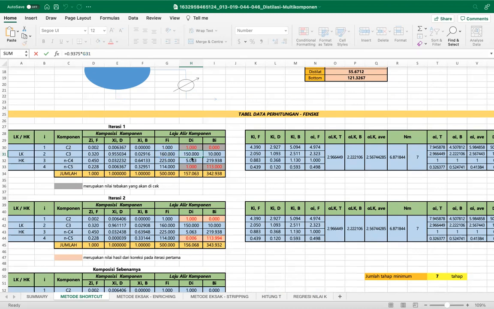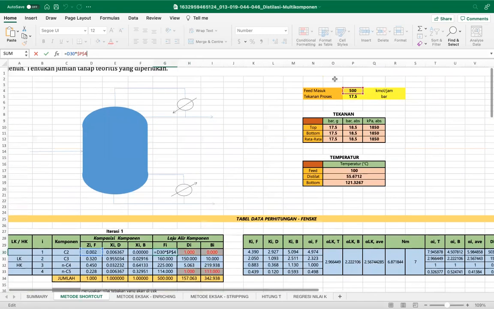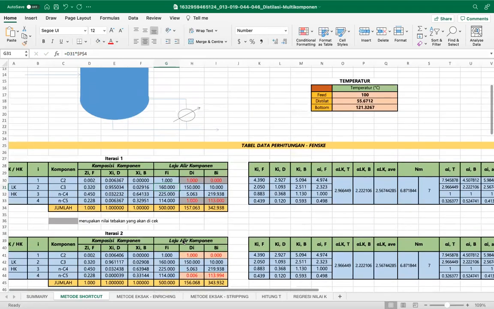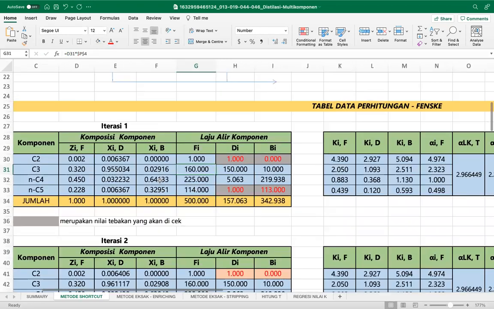Then you multiply the components with the feed, feed in. So then you understand the composition. The blue one is your calculation, so that is right. You know the feed, and you multiply the composition with the feed, and then you get the feed for each component.